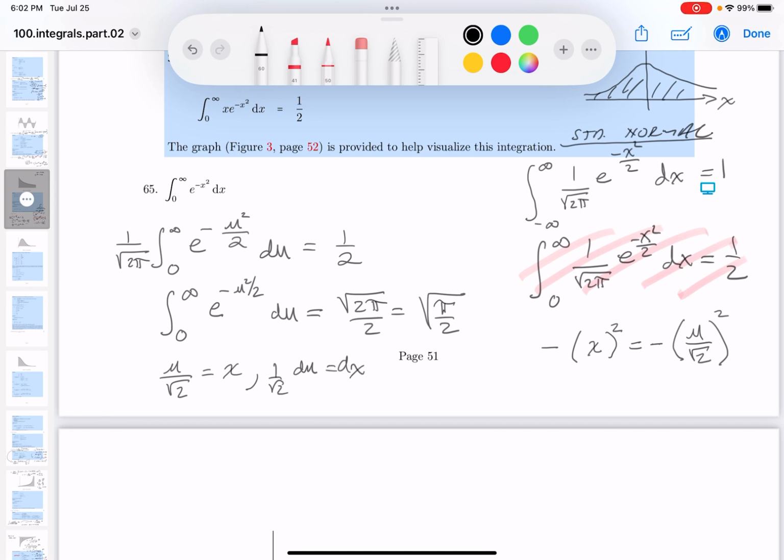And I think I'm ready to pop this in now. All right? So let's do it. Now, if u is 0, x would be 0. Now, if u is infinity, x would be infinity.